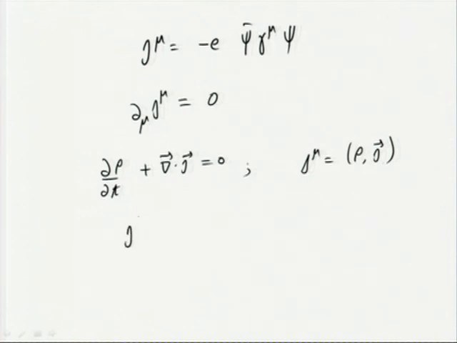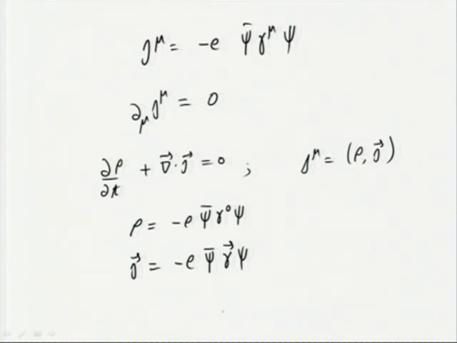And what is rho? Rho is nothing but minus e psi bar gamma 0 psi, and j is equal to minus e psi bar gamma vector psi. When I say gamma vector, the meaning is that for each component of j, we have the corresponding component of gamma there.